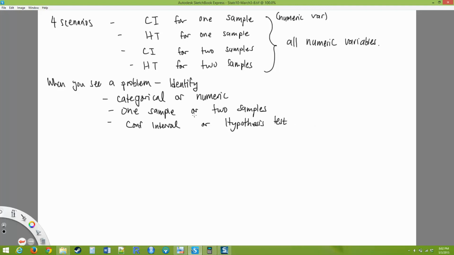When you read the problem, you've got to figure this out. This will set the pace on what you need to do and where you need to go. If you make a mistake in this step of identifying what you're dealing with, everything you do is going to be wrong. It's like buying the wrong map and hoping that's going to help you get around town. It's not going to work. You've got to figure this part out first, because this essentially determines which map you're using or what system you're going through.